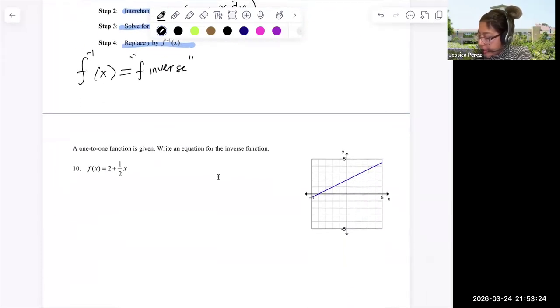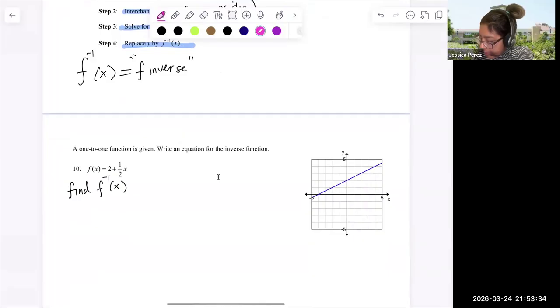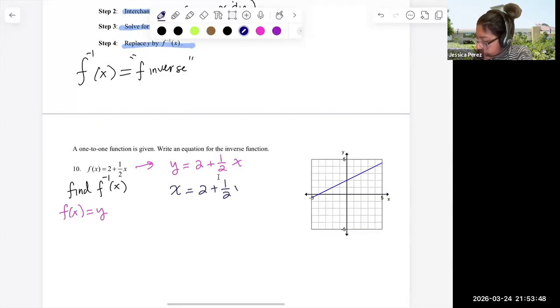A one-to-one function is given. Write an equation for the inverse function. Well, first, we want to find f inverse. So to find f inverse, we first change f of x, set that equal to y. So it's going to be y equal to 2 plus 1/2 x. Then we change x and y. So from here to here, you swap x and y. Then you solve for y.